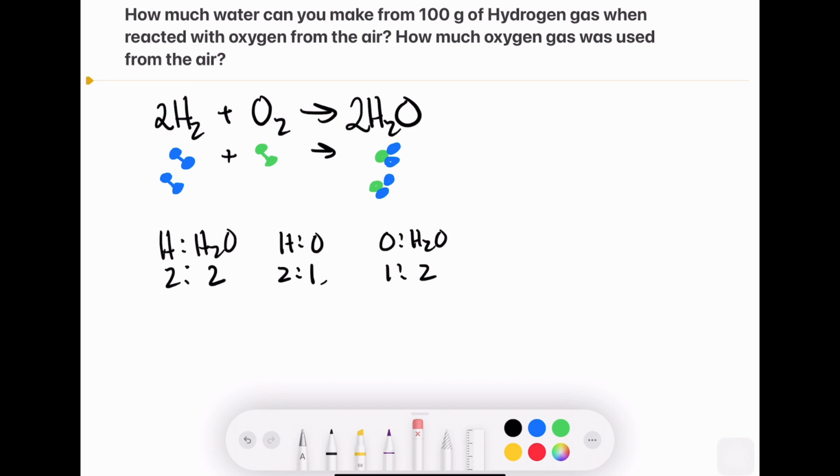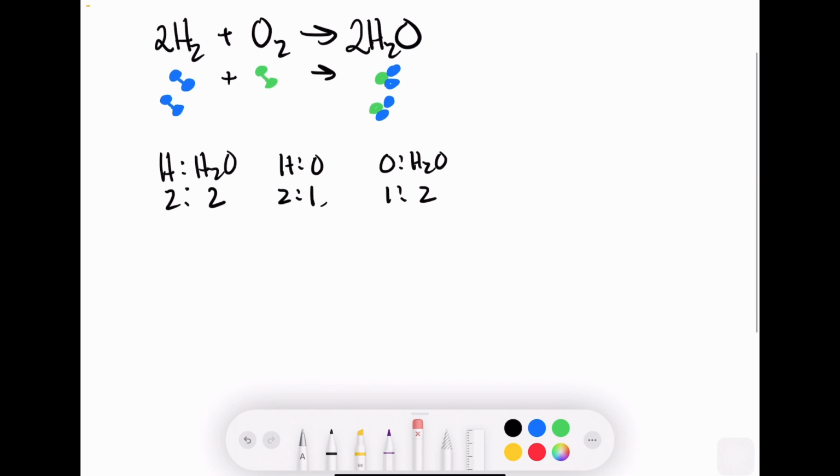That's the idea here. So if I wanted to answer this question, I need to figure out a few things. And so the first thing I need to know is what does the question give me here? So let's start with that. I'm going to rewrite this here. 2H2, and I know my mass here is 100 grams.